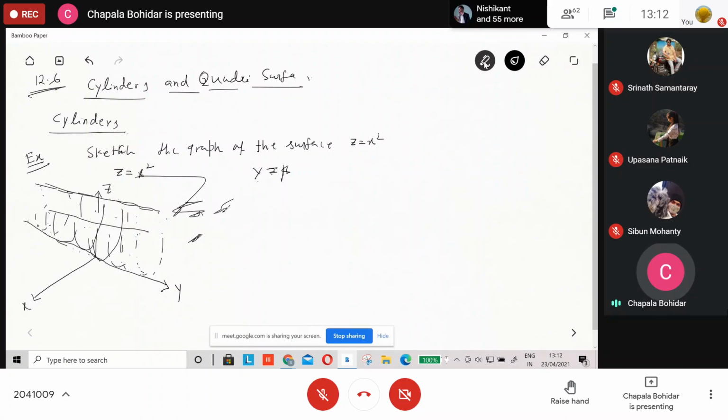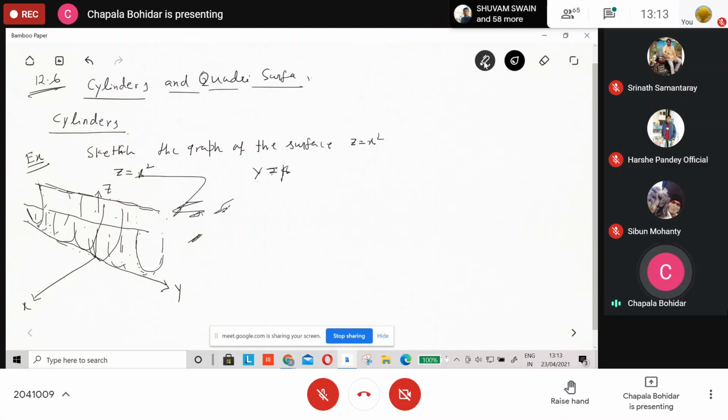By combining, what are you getting? See this side. At each point, I had already done this for the circle.